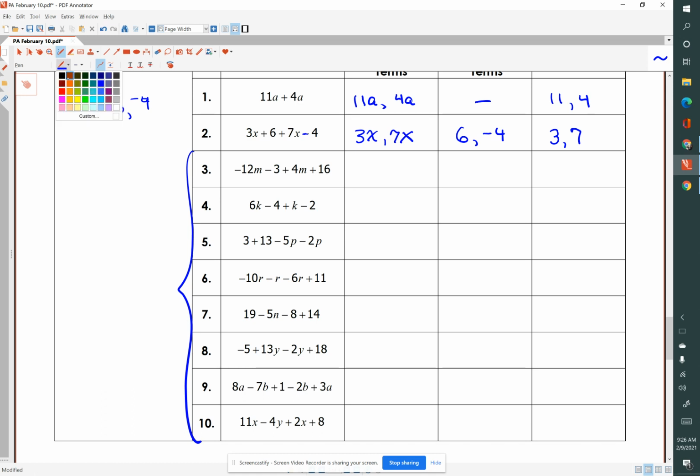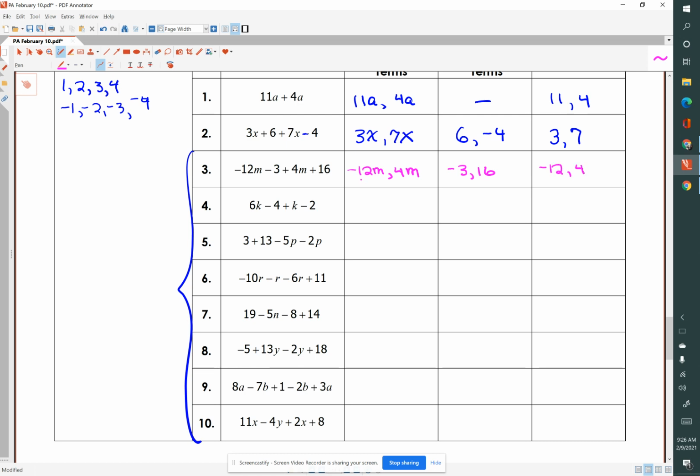Okay, students, how are we doing here? Let's move on. Let's see how you did with number 3 through 10. So number 3, the variable terms are negative 12m and 4m. The constant terms are negative 3 and 16. Those have no variables. And the coefficients are negative 12 and 4.